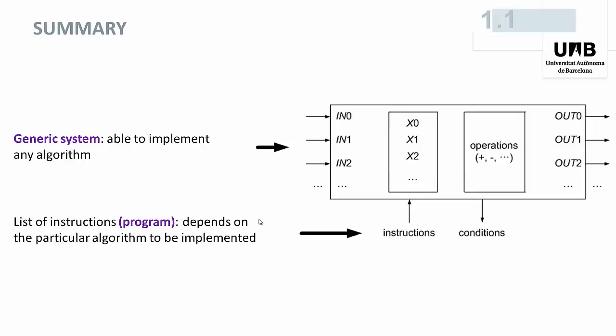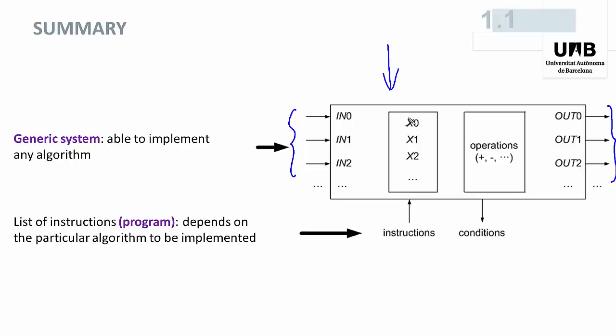Summary of this lesson. Another way to implement a digital system is to use a predefined generic system of this type. And this generic system will be called a processor. It receives input data through input ports. It transmits output data through these output ports.